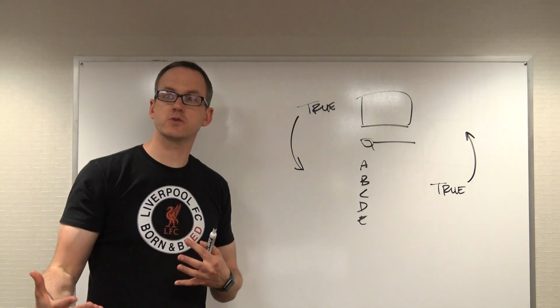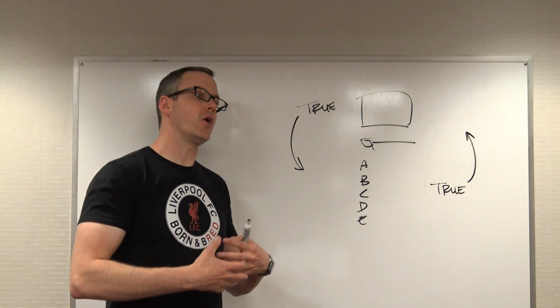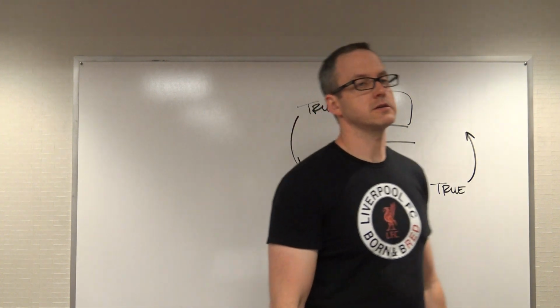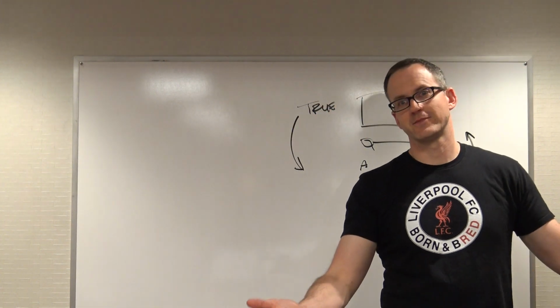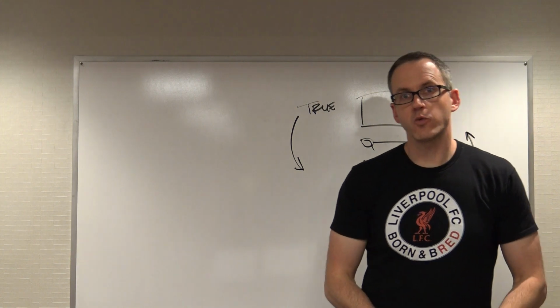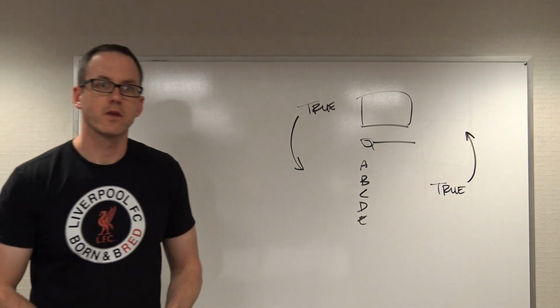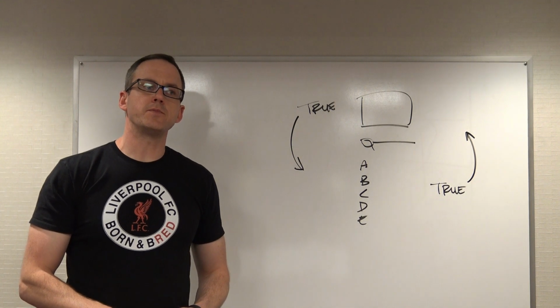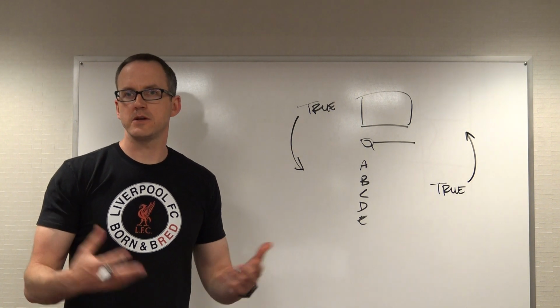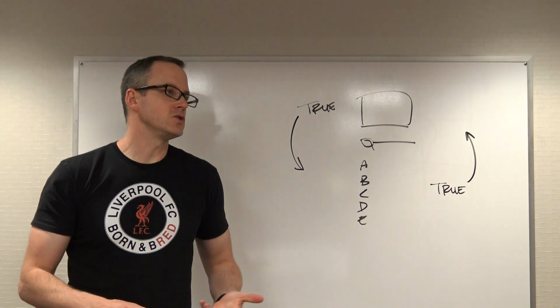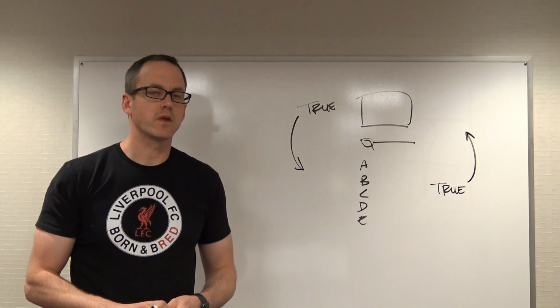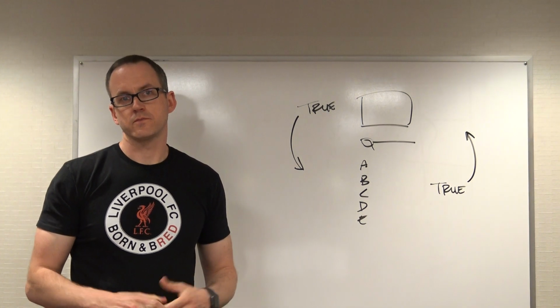A strong answer would be something like, people always sleep in. That's strong because there's no exceptions. A weak answer would be something like, people sometimes sleep in. People usually sleep in. That would probably be strong. It depends on the context, but usually means most of the time. So it's stronger than sometimes.